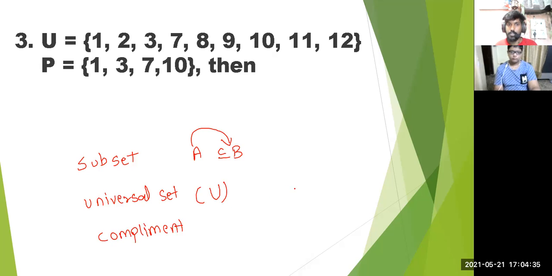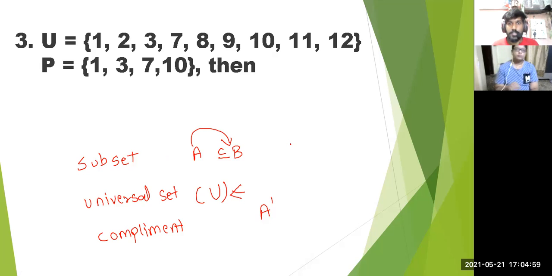If you have a universal set U, the complement of A is all those elements in U which are not in A. So these were the concepts we studied yesterday, and we did the first few sums.